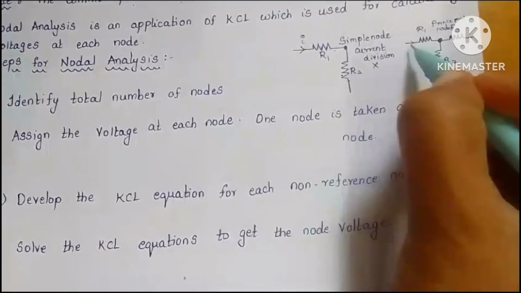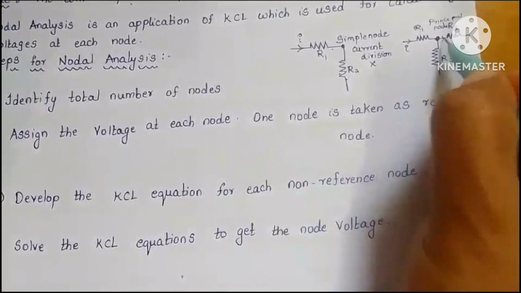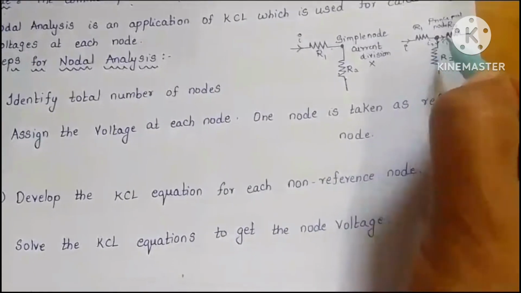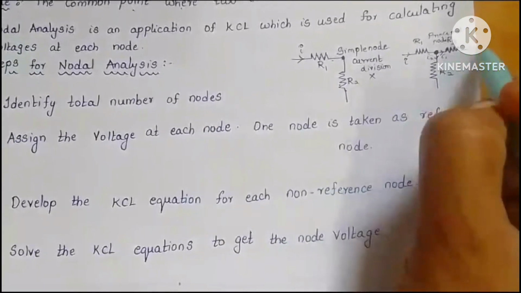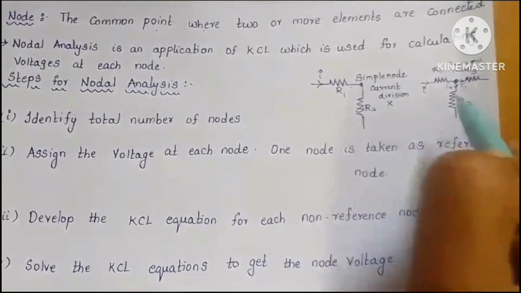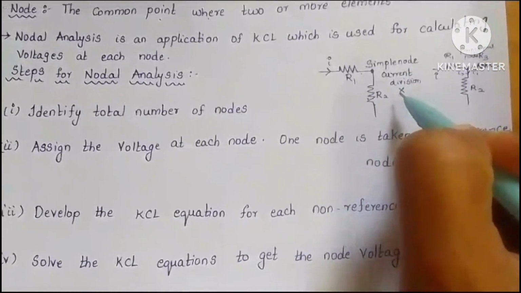So when we take a current I, the current I is divided into two parts as I1 and I2. Therefore, at a principal node, the current division is possible, whereas at a simple node, the current division is not possible.